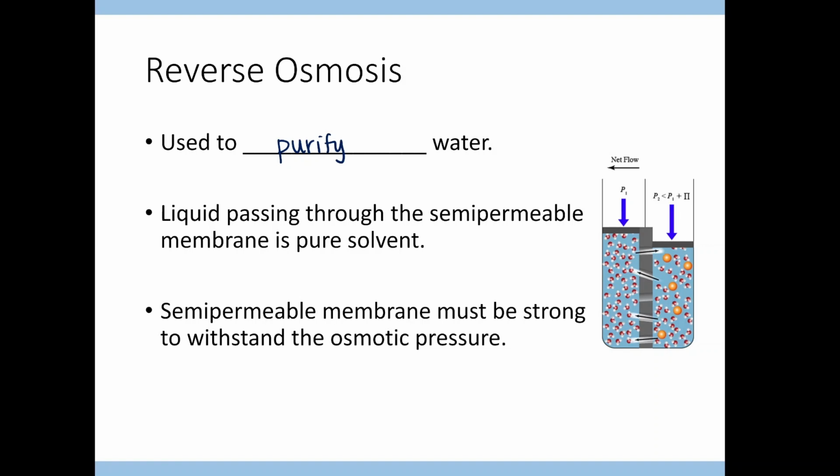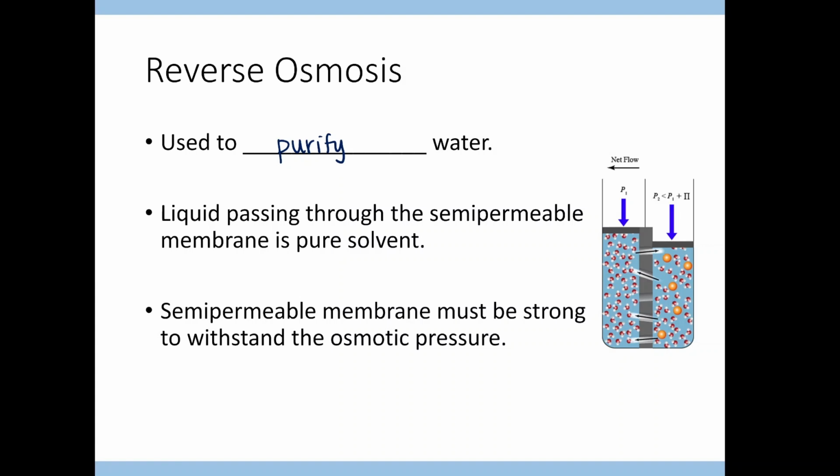So if you imagine adding a solution to the right side of this chamber, adding pressure, only allowing water molecules and no solute molecules to move past that membrane, then that forces water molecules to go to the left. And now on the left side, you have pure water. That semi-permeable membrane, though, right in between, has to be strong enough to withstand that pressure for this to occur. But this is one method that can be used to purify water.